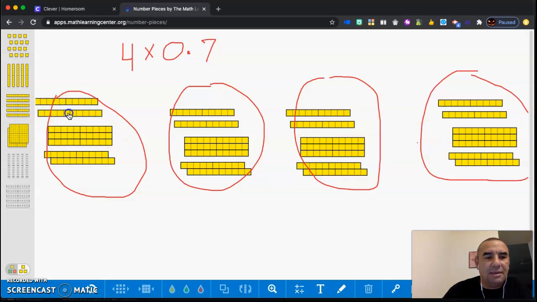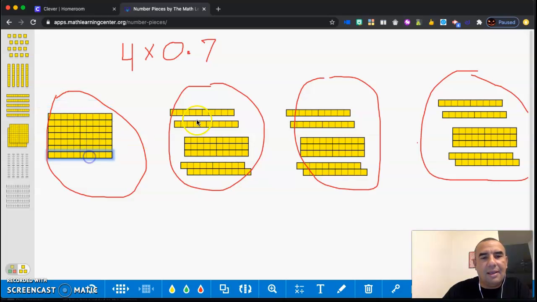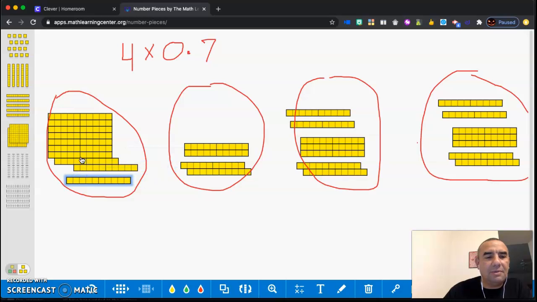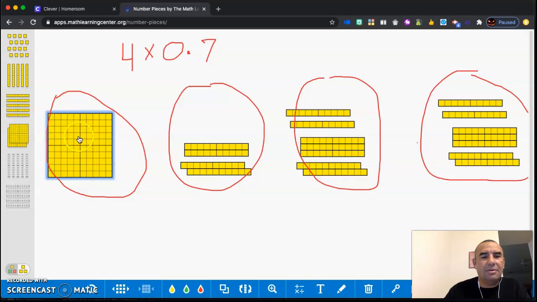So this is going to be 7. Let me put it together. And 7, 8, 9, and 10. That makes one whole. Remember that? 10/10 makes one whole. I select them all and then glue them. And there you go. That's one whole. I have 4.